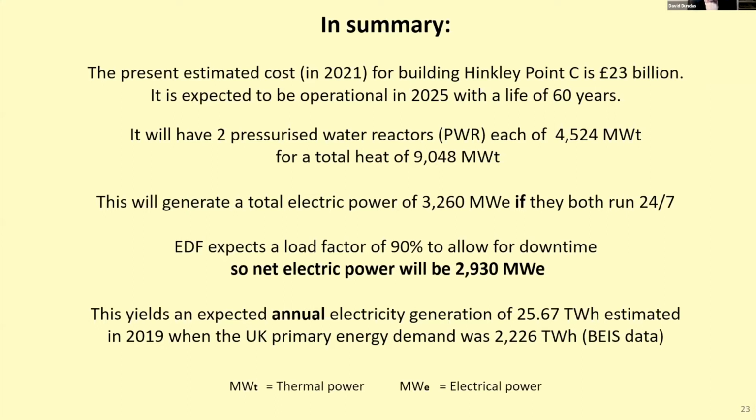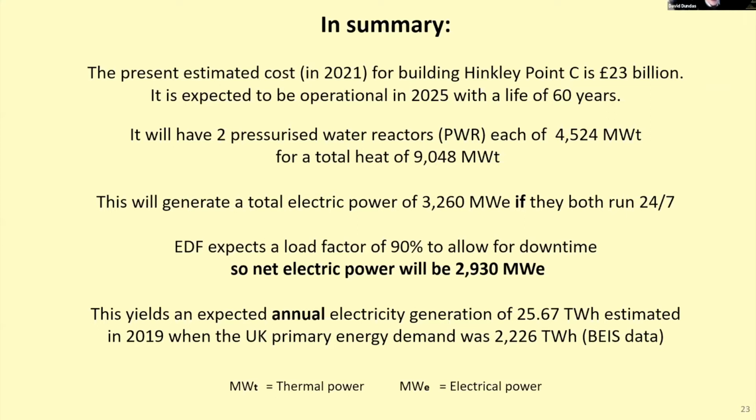And of course, load factor, I think that's fairly ambitious. EDF says that they're going to run it 90% of the time. So the net electric power will be something like nearly 3,000 megawatts of power.